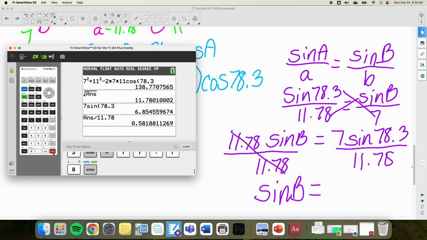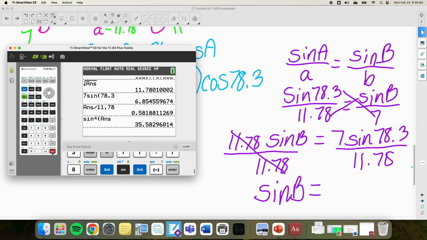Now, that is the sine of your angle, so what do we do then? Second sine, and then you can pull that down by going second answer or second negative. Did you guys get 35.58?